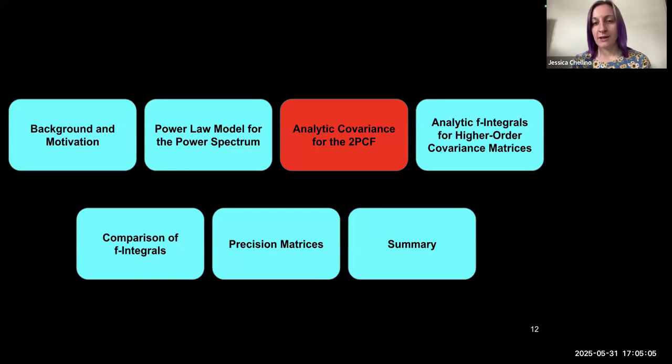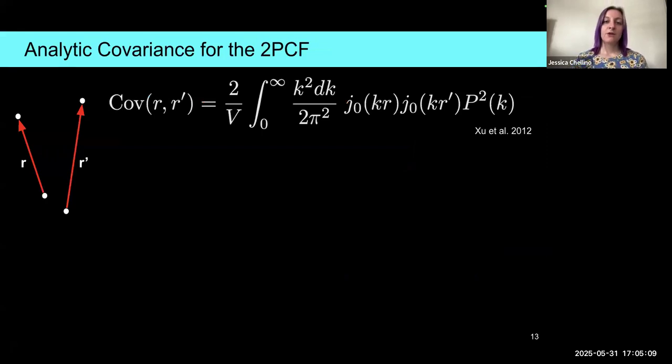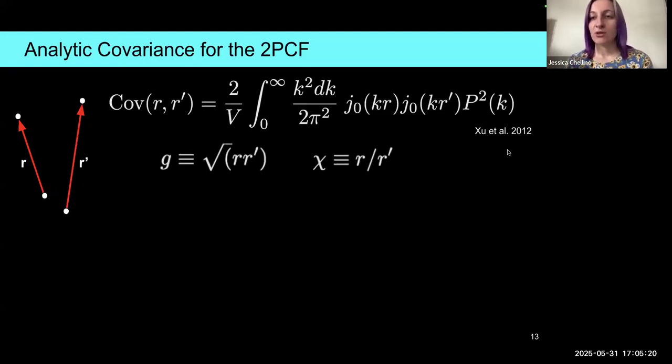Now I'll get into how we use that to find the analytic covariance of the two-point function. This first equation here gives the covariance of the two-point function. We have two spherical Bessel functions of order 0 against the power spectrum squared. If we plug in our power spectrum model, we're able to evaluate this integral in terms of two quantities, g, which is the geometric mean of the side lengths r and r prime, separating the pairs of galaxies, and chi, which is the ratio of the side lengths.